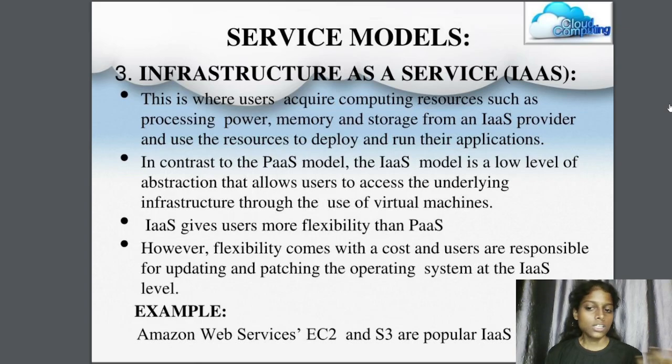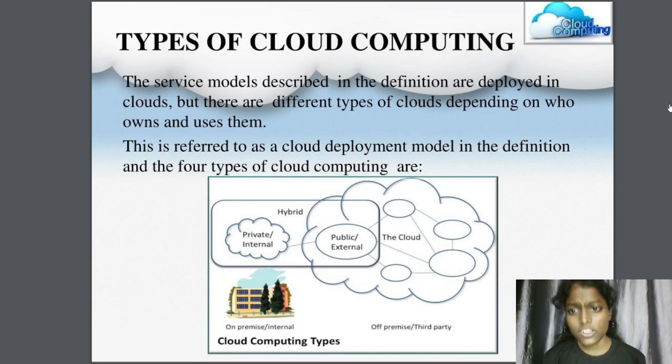IaaS gives users some more flexibility than PaaS. However, flexibility comes with a cost, and users are responsible for updating and patching the operating system at the IaaS level. The famous examples are Amazon Web Services EC2 and S3.